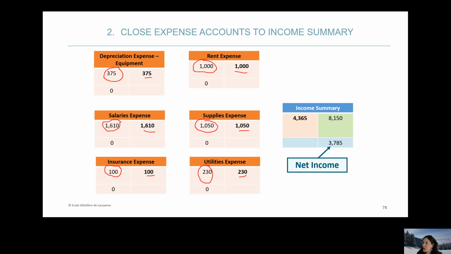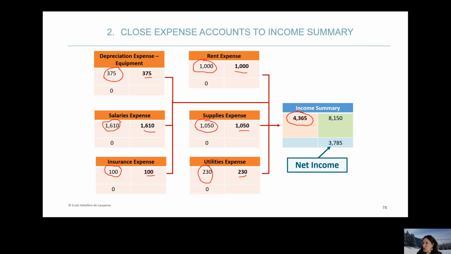So what I'm going to do, I'm going to have to find a new account that I need to debit in order to have my journal entry which stays in balance. For my accounting equation to stay in balance. So now that I have put together my 6 amounts, the sum of my 6 amounts that I have credited is 4,365, which I debit in my new account income summary, which you have here.